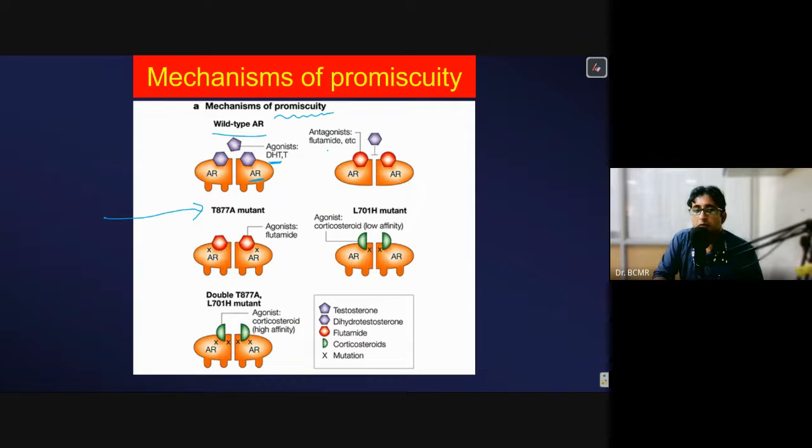And because of some mutation, they might now be binding to some other compounds. Here is another mutant. These are some of the agonists, that is, the ones that are binding. Antagonists are those that don't allow the binding, right? So here are some of the mutations, and I will discuss them in the next class.